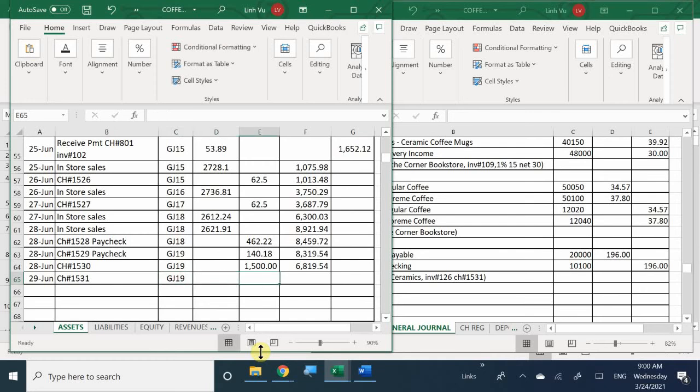And we wrote the check out for 196. So therefore, how much should my ending balance be? 66,235.4. Perfect. Okay. So then what's next?